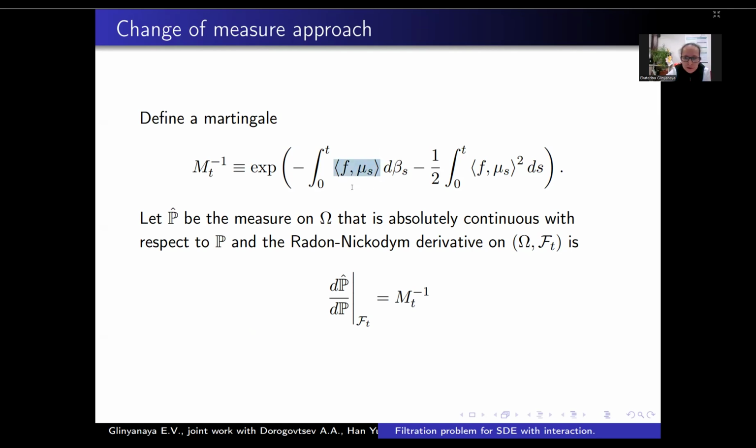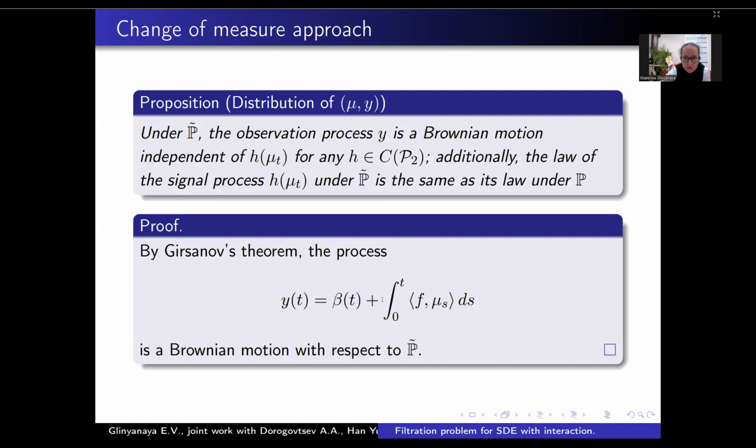Here, for simplicity, I show the case when the functional is just the integral with respect to the measure mu s. Everything is assumed bounded, and so this process is a martingale, and we define a measure p hat such that it has a Radon-Nikodym derivative equal to this M_t. Sometimes I put tilde here, sometimes hat. I'm sorry, this is the same.